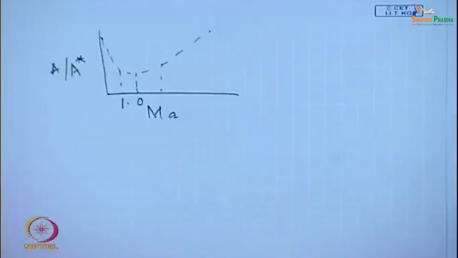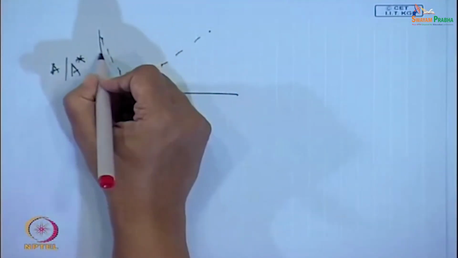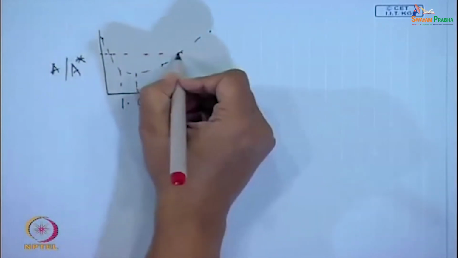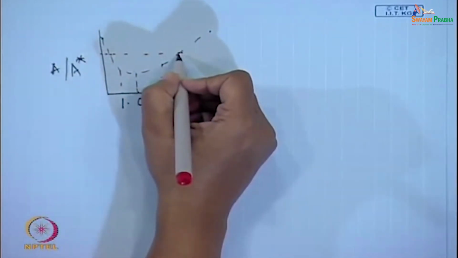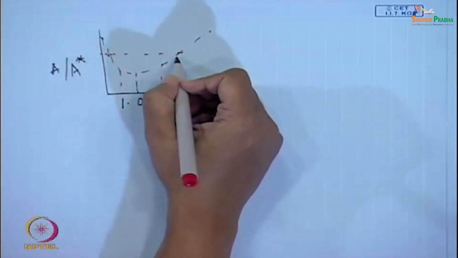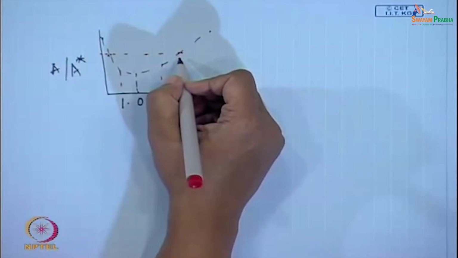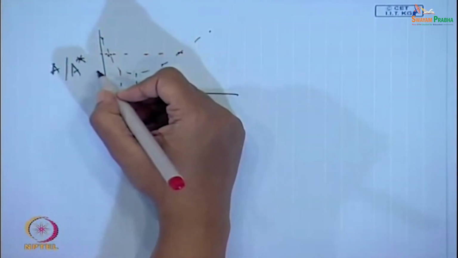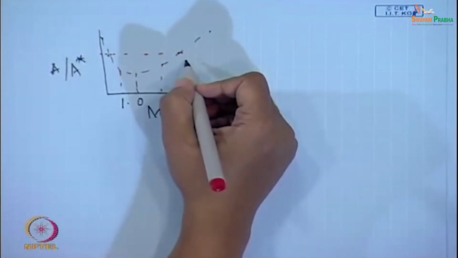But corresponding to any A by A star, we get two values of Mach number, one less than 1 and one greater than 1, taking into account the existence of subsonic nozzles and supersonic nozzles.